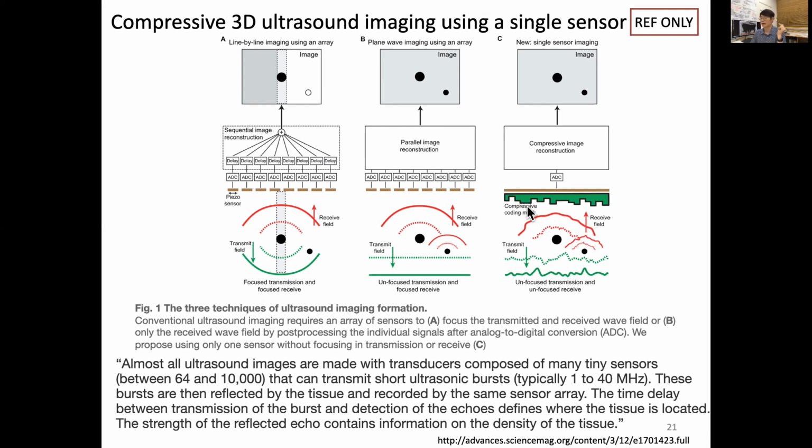Now you are collecting it over time, and that can give you a new single sensor imaging. So this is very cool, and I think there are many technological advancements which allow us to have better and faster and high resolution imaging.